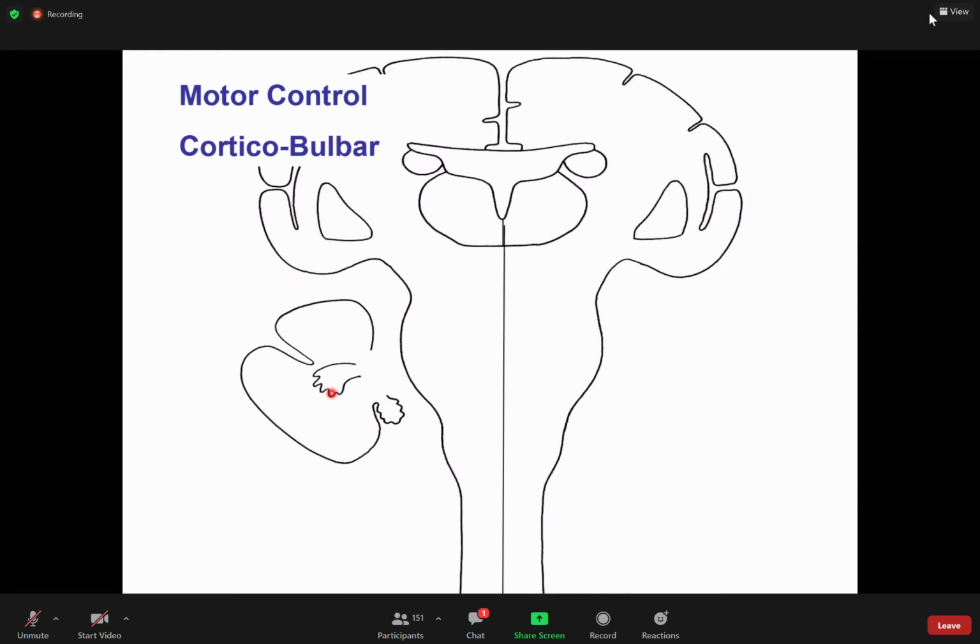Then we are coming to the motor control. Most of the motor nuclei in the brainstem, if you see, we know that there is a third nerve nucleus, fourth, sixth, and the 12th nerve nucleus. Third, fourth, sixth supply the muscles of the eye, and the 12th nerve nucleus supplies the muscle of the tongue.